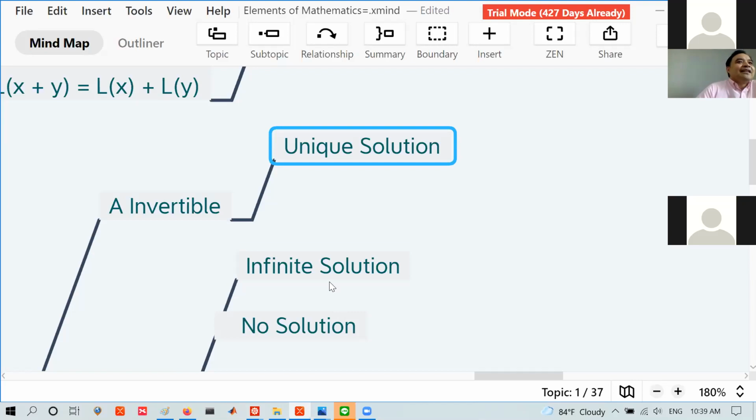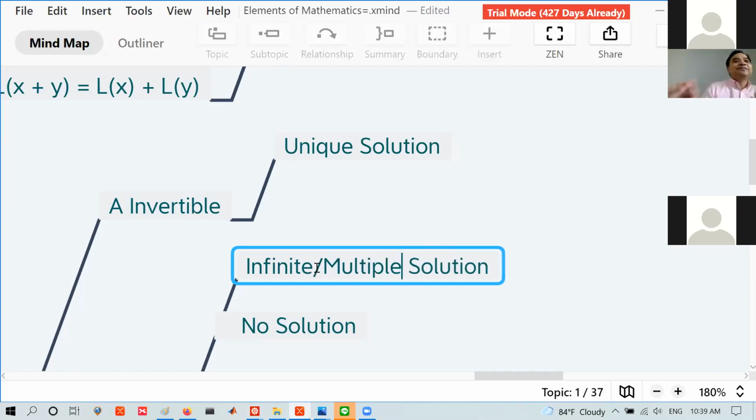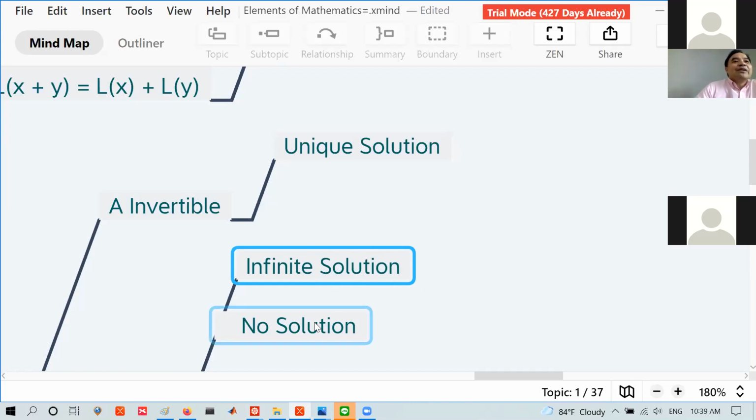There are only two situations that you are likely to run into in your professional life: infinite solutions or no solution. Infinite, or at least multiple. Now, this is sort of like business decision making.